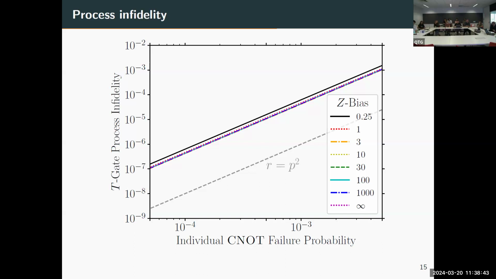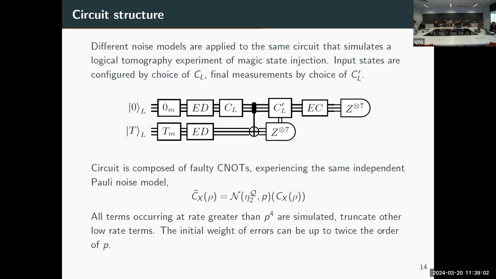Sorry, can I just double check: the thing you're doing is preparing a magic state and then doing a C0 gate and then asking how often that works. Is that the circuit that you're running? Well, yeah.